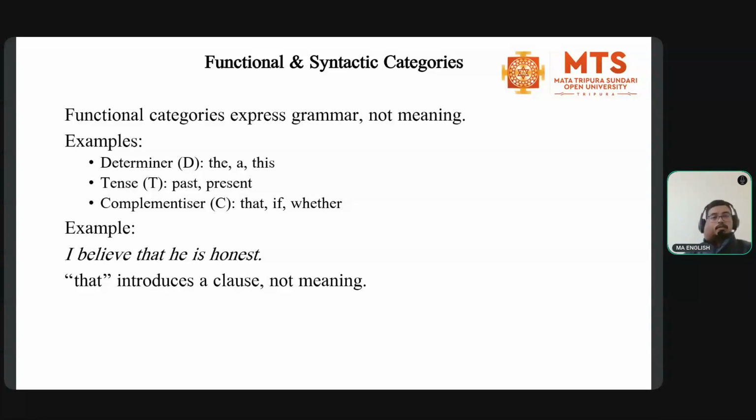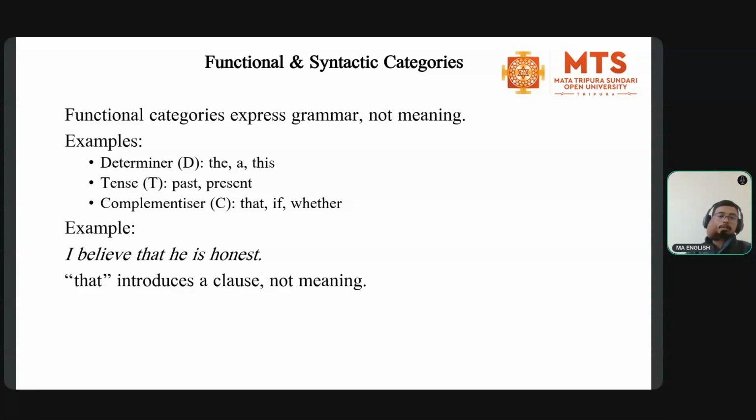Tense shows time, such as past tense, present tense, or future tense. It is often shown by auxiliary verbs like is, was, has. Then complementizers, words like that, if, whether. These words introduce clauses.